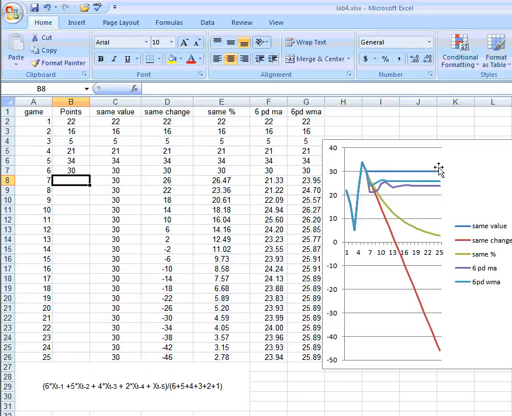The same value is horizontal. The two moving averages oscillate and converge. The same percent change is monotonic convergence. If the percent change is going down but is still positive, the same percent change will have convergence. If, like what we originally had, it took off, then it will have divergence, and that's when it's going up.